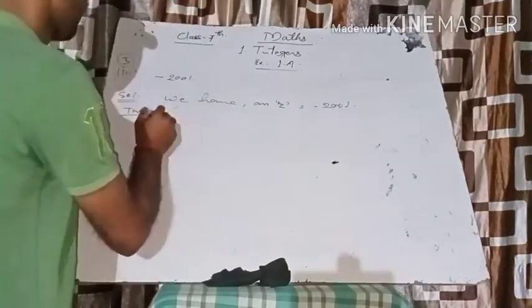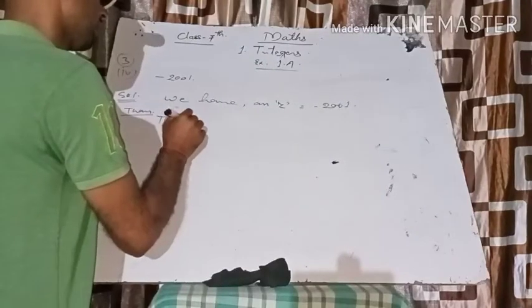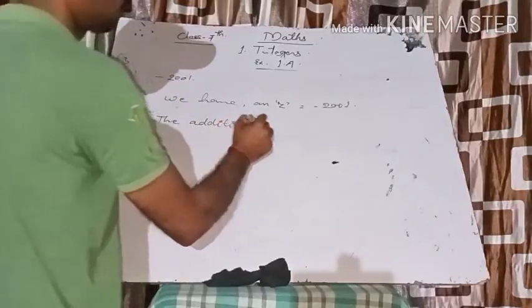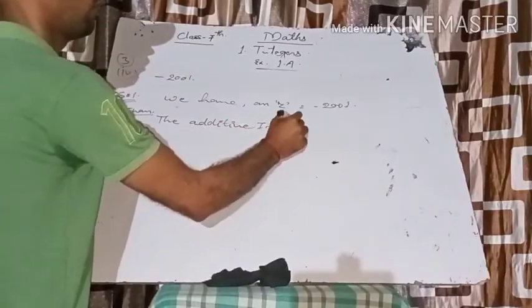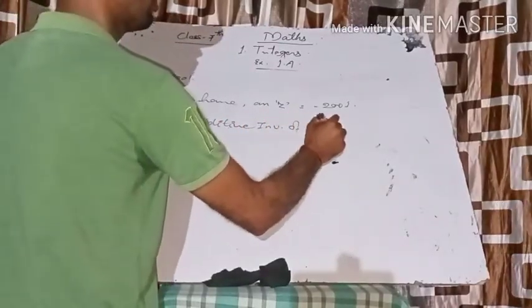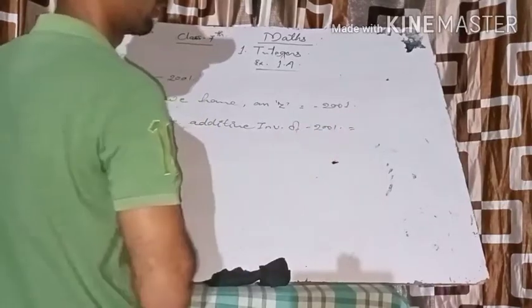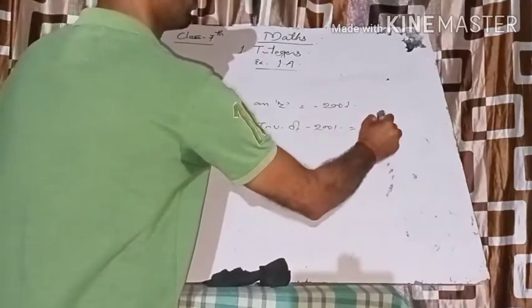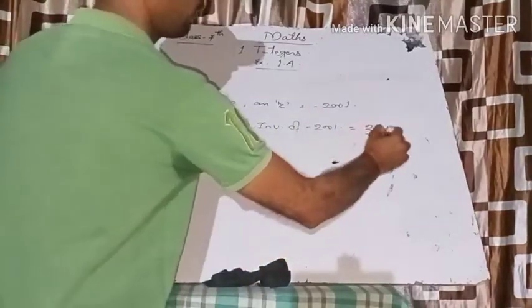Then the additive inverse of minus 2001 is always 2001. It's your answer.